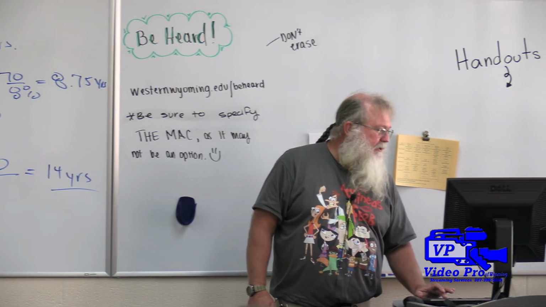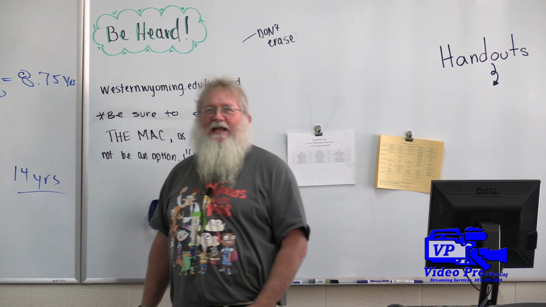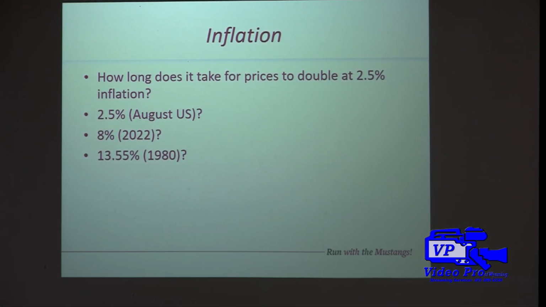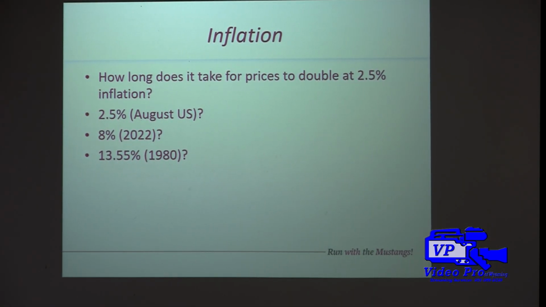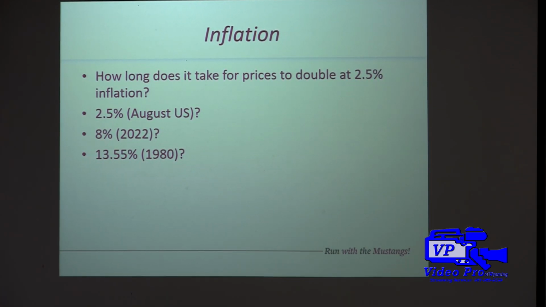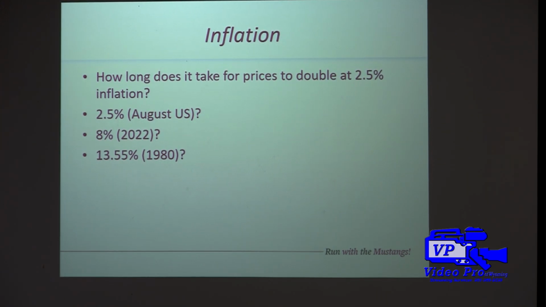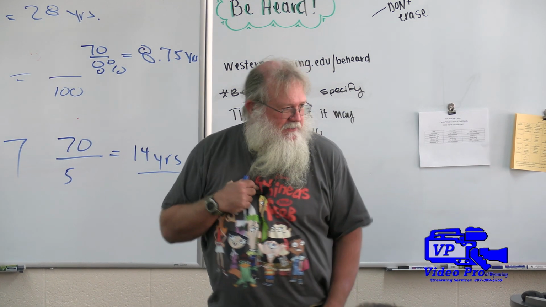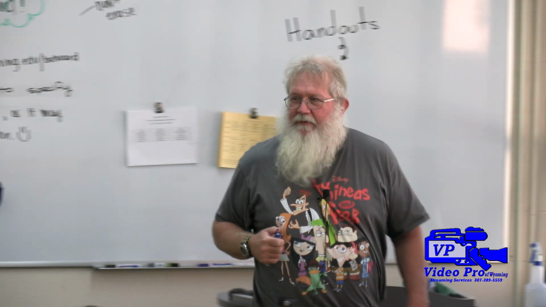Some other high periods of inflation. If you lived in the 80s, 8% seems high, but we've had higher periods of inflation than 8%. 13.5%. Let's see what that would be.